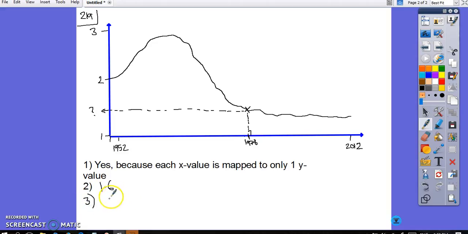So, number 3 asks us to do something very similar. K of 1990 is the number of children per woman in 1990, so we would need to find 1990 here. Let's say here. Go up. Mark it, read across again, and you should find that that's equal to 1.5.